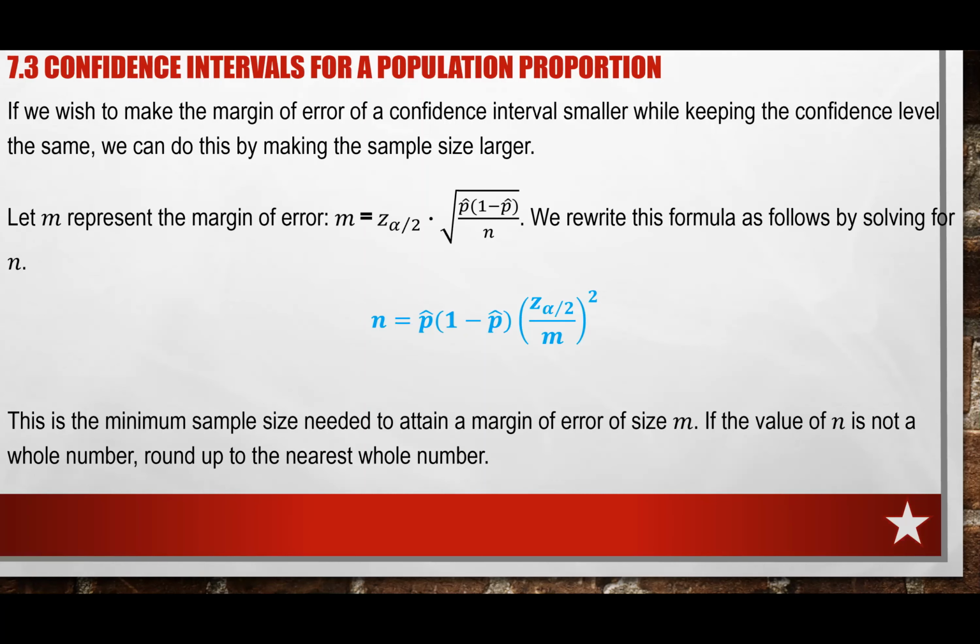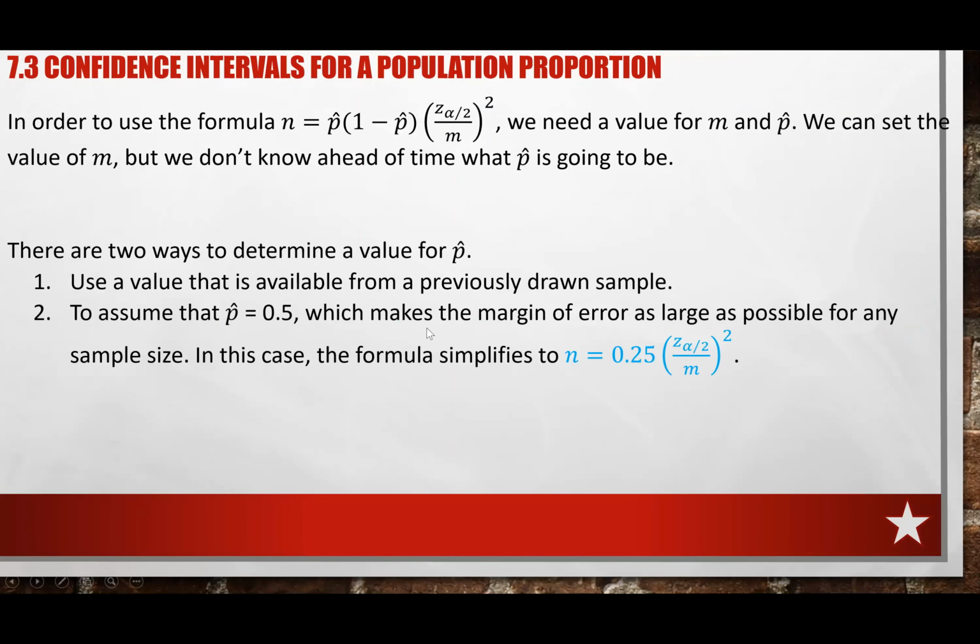The second problem that we deal with is what happens if we don't have the point estimator? What happens if we don't have the previous p hat? Well, if you have your data, you can find the p hat. If you don't have the data, then they tell you we will assume that the p hat will be 0.5, which is 50%.